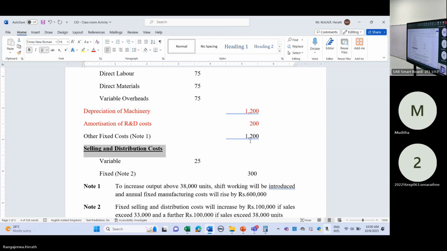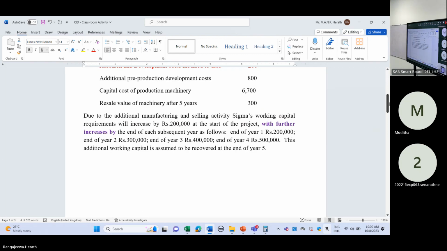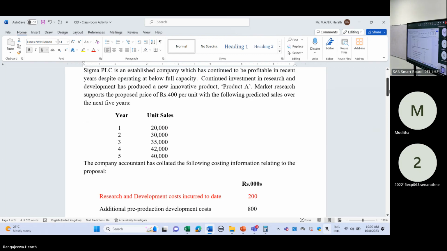So first year 20, second year 30, third year 35. That means for the first 3 years, fixed manufacturing overhead is 1,200.